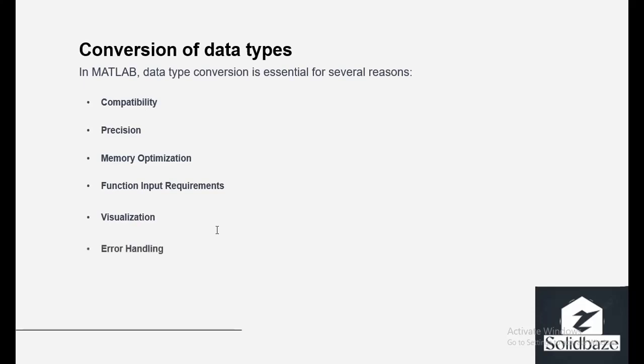Then we have error handling. Converting data types can help in handling errors. For instance, if an operation expects a certain type of input, converting the data beforehand can prevent runtime errors.